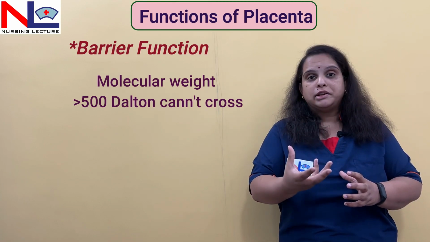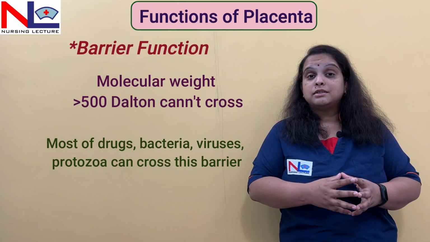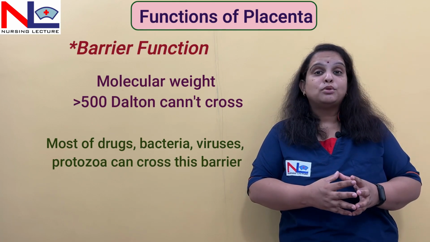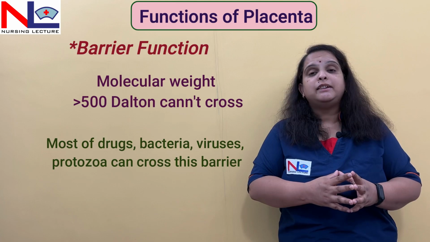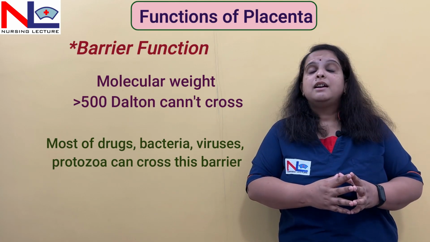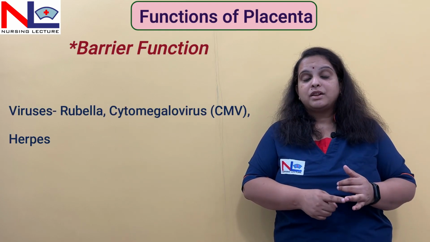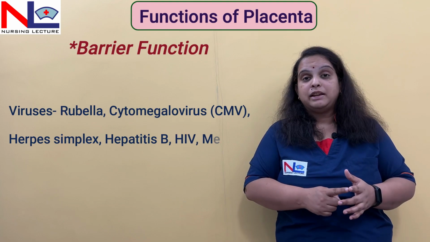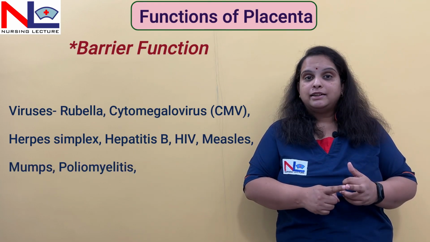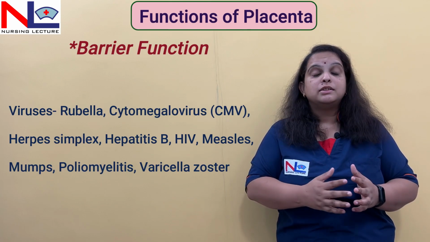But still, many harmful drugs and the viruses, bacteria, protozoal infections can easily cross this membrane and infect the fetus. Viruses like rubella, cytomegalovirus, herpes simplex, hepatitis B, poliomyelitis, measles, mumps, and varicella zoster, which causes chickenpox.